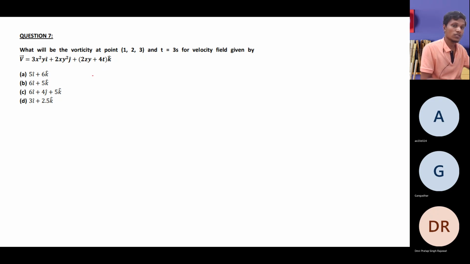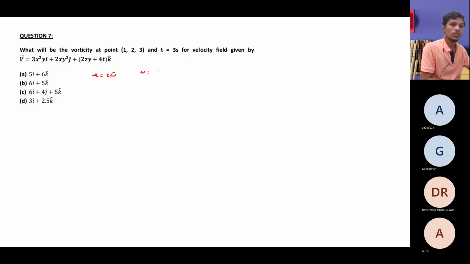We can say vorticity omega equals 2 times the angular velocity, where angular velocity omega bar can be written in 3 directions: omega x i cap plus omega y j cap plus omega z k cap.